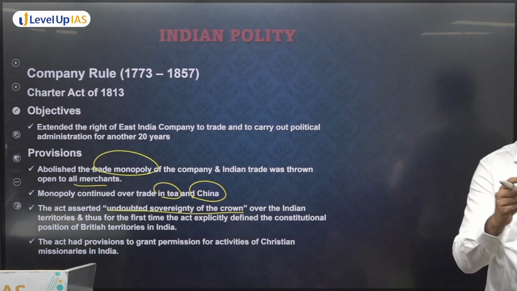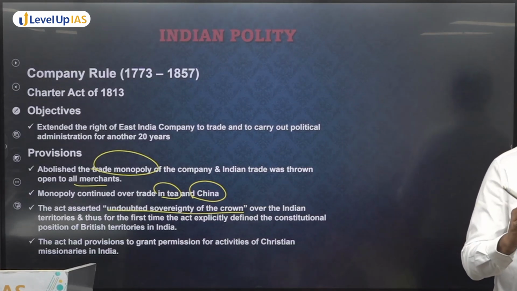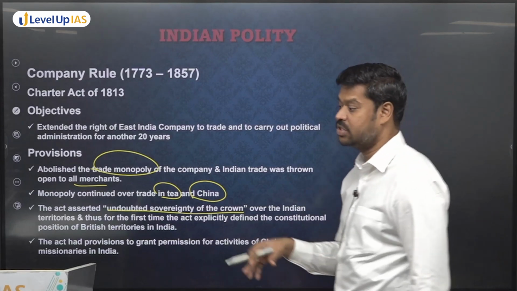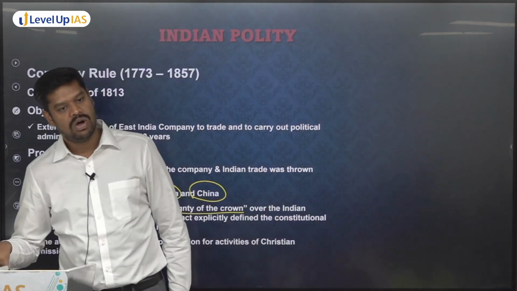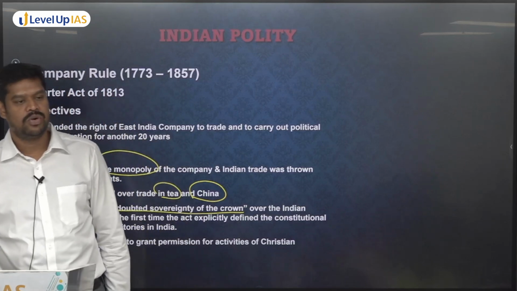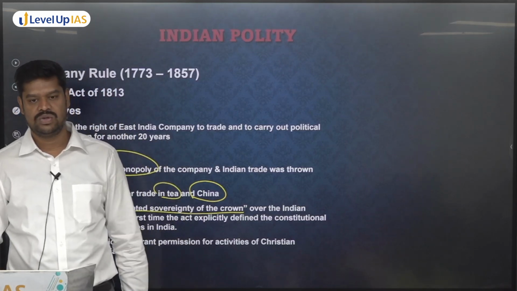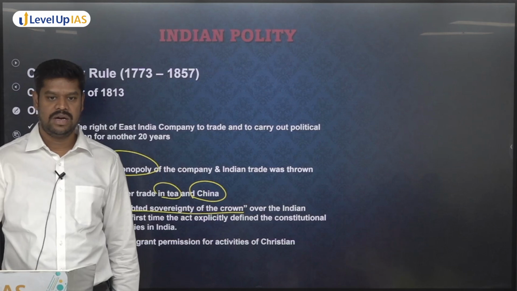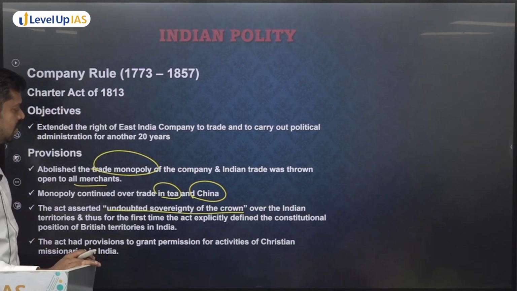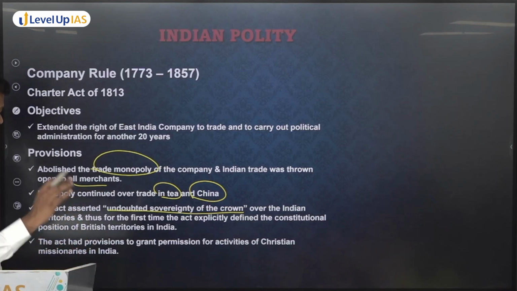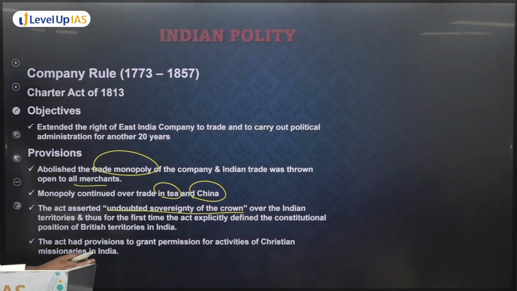The East India Company can take the profits from the trade, but otherwise whatever is the possession of the East India Company in India, ultimately all of it belongs to the British Crown. So you can try to understand some element of conflict has already started between the East India Company and the British Crown. So they explicitly asserted their rights.